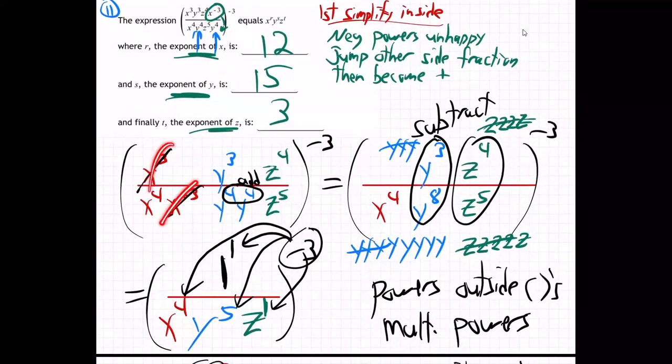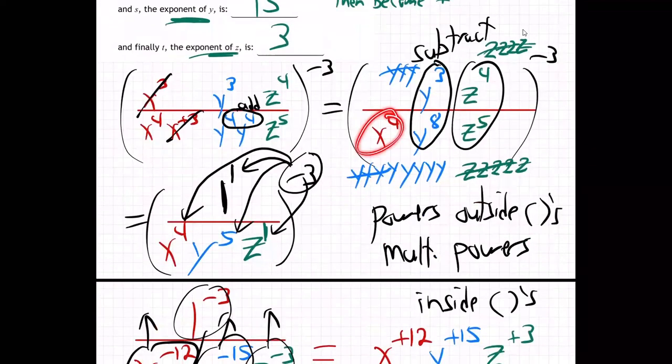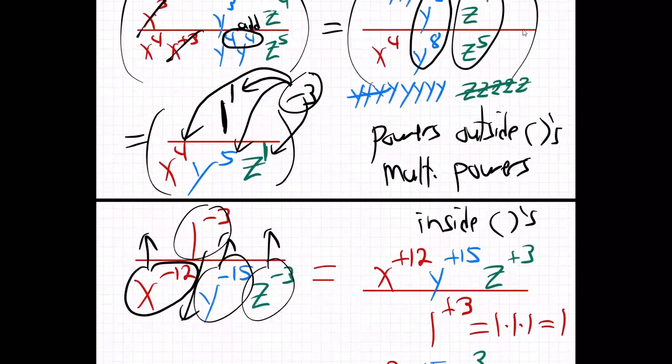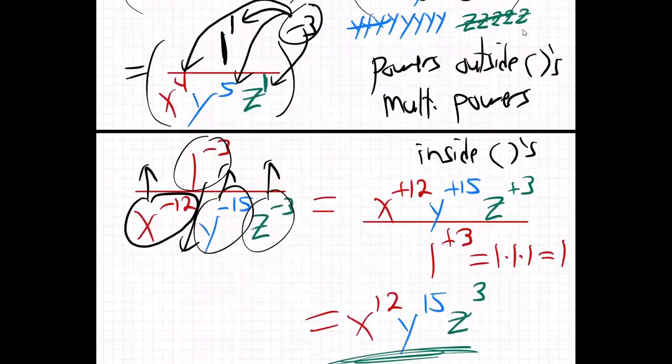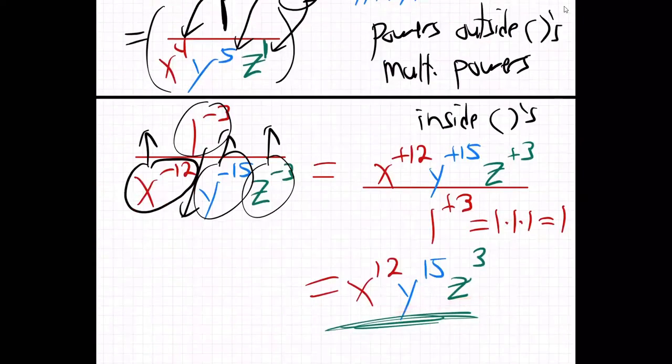And then I canceled these guys, and that left x to the 4th on the bottom. And then I added the ones that are side by side, right? Letters side by side, powers add. And then the ones that are vertical, they subtracted. Wherever the bigger power is, which was on the bottom, that's where the leftovers ended up because they really cancel. And then powers outside parentheses multiplied all the powers inside parentheses. And then the negative powers jump. And there we go. That's a hard one.